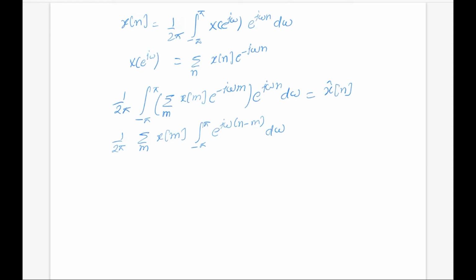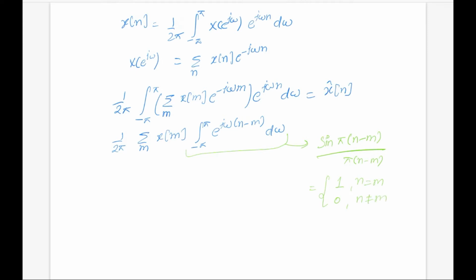So this integral is actually equal to sin(π(n-m)) over π(n-m). I'm just talking about this integral, and it is equal to 1 when n equals m, and equal to 0 when n is not equal to m.